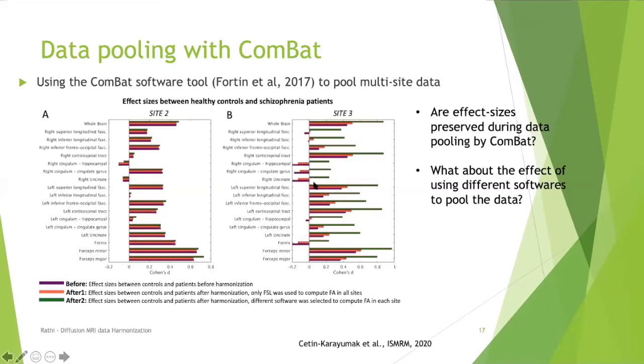But it's very different if you processed it with different pipelines. In some cases, the effect sizes initially were 0.5 or 0.4, and now they're 0.9. So you suddenly have a very different effect size between the groups, which you shouldn't be having after harmonization. You need to preserve the effect sizes.